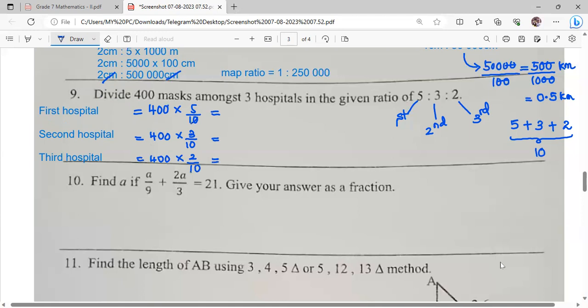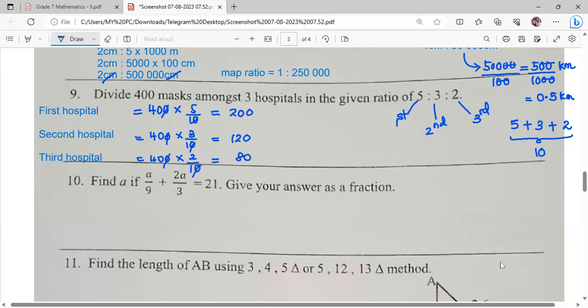The 0, 0 I can cancel. Then 40 multiplied by 5 gives me 200. Here 0, 0 we can cancel. 40 multiplied by 3 gives me 120. And then 0, 0 we cancel. So 40 multiplied by 2 is 80.